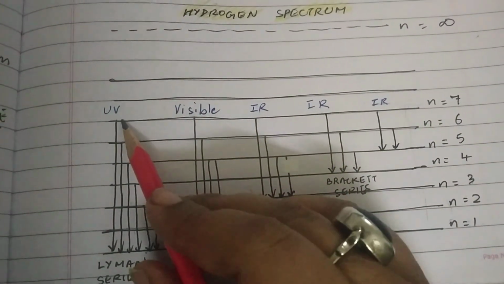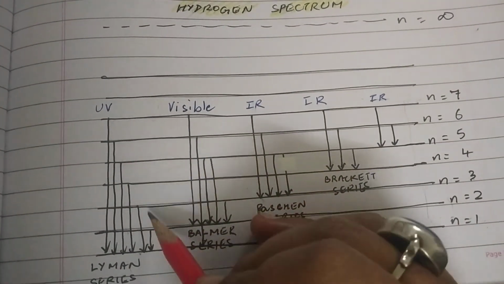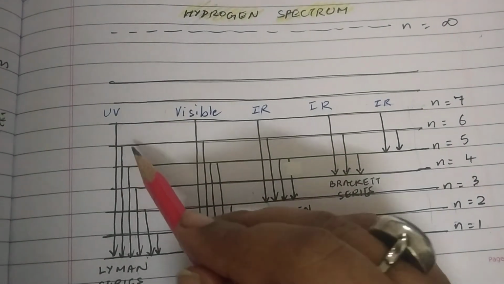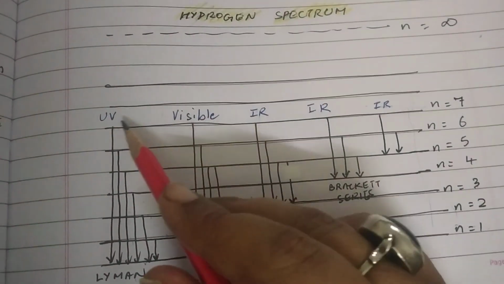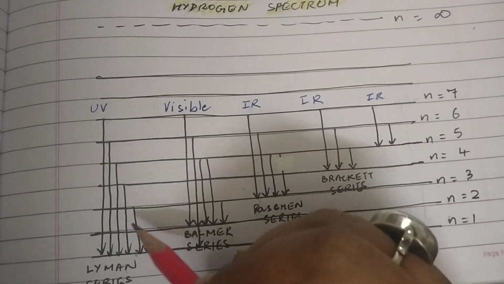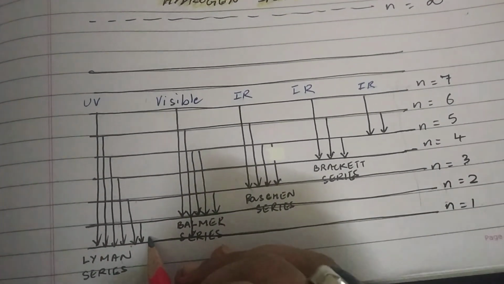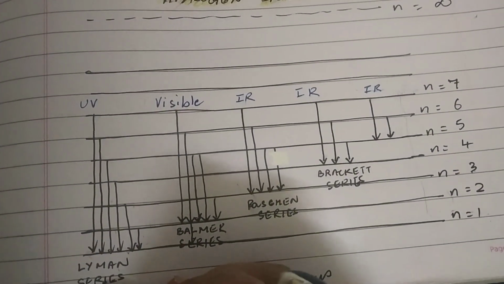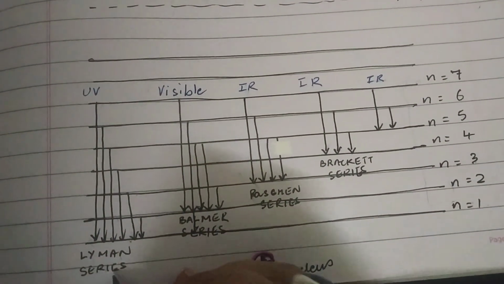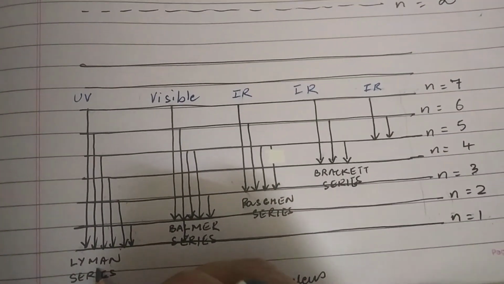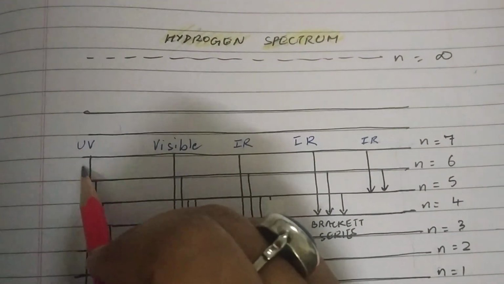So when the electron jumps from higher energy levels, that is 7, 6, 5, 4, 3, 2, and comes to the first shell, then the series of electromagnetic radiation observed is the Lyman series, and it falls in the UV region.